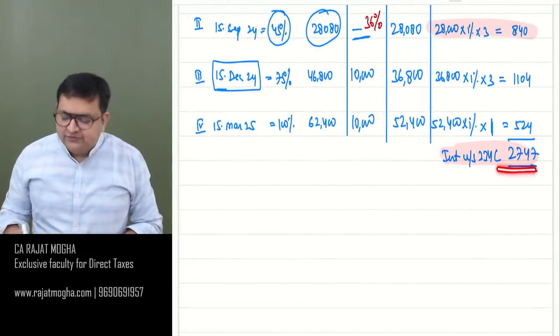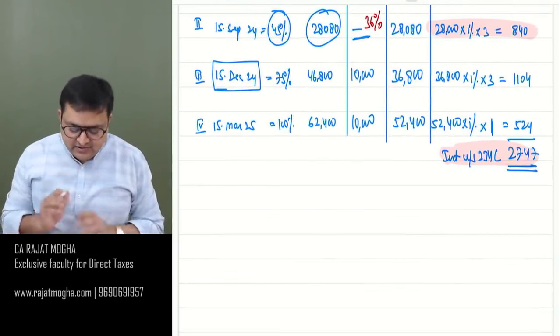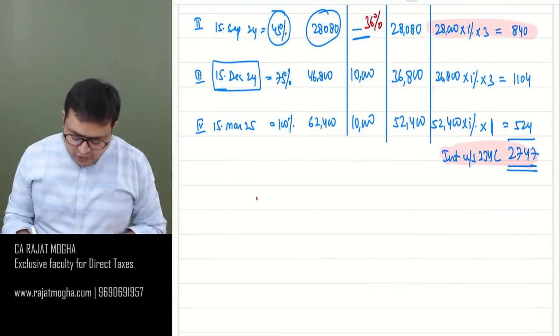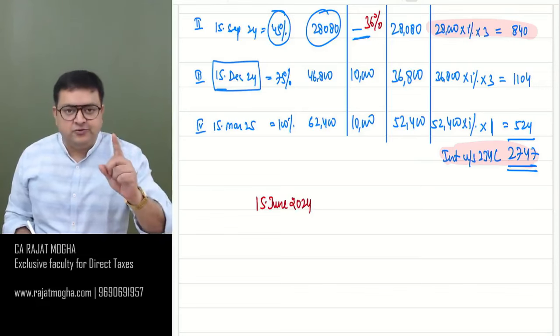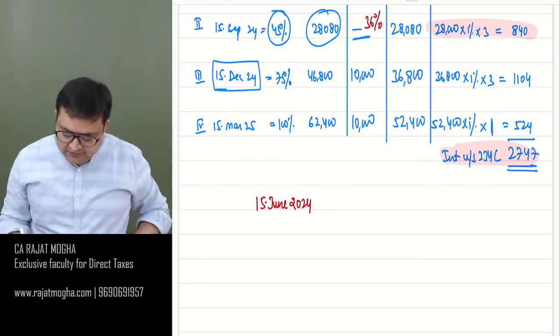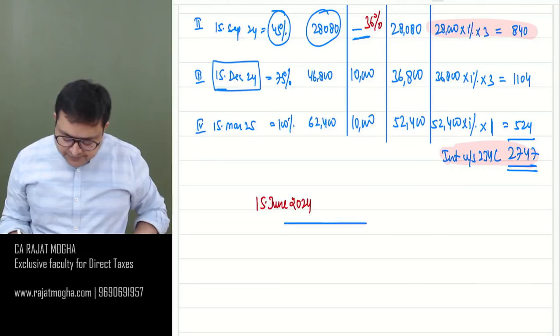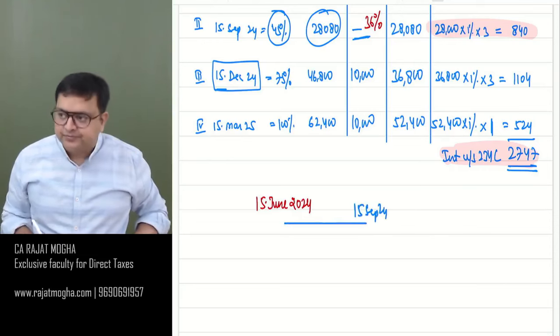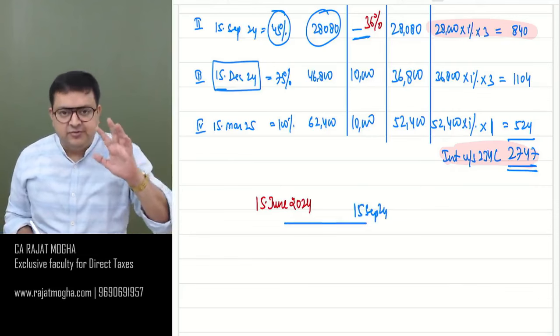Now, this is 234C interest. On 15th June 2024, the first installment was due. From 15th June till 15th September 24, this is the first installment.